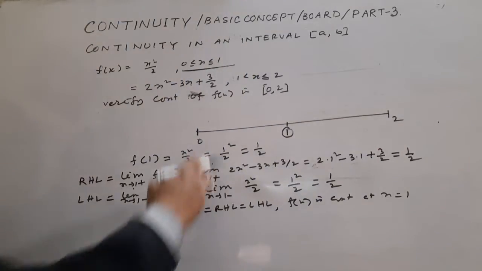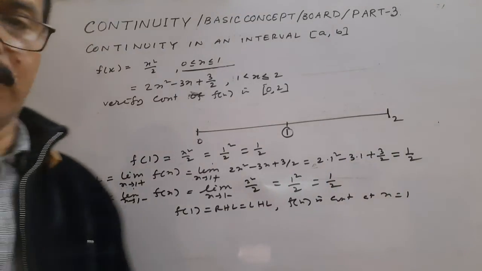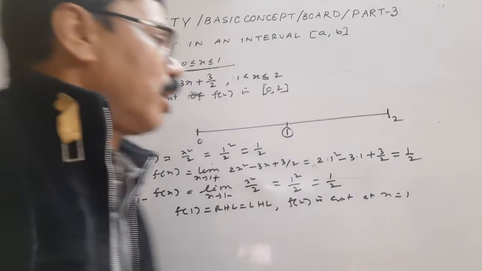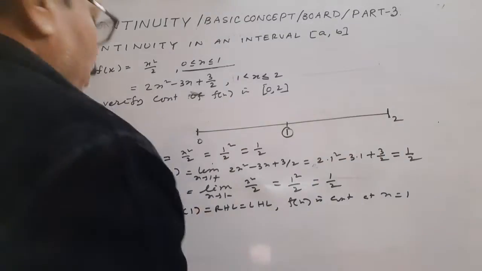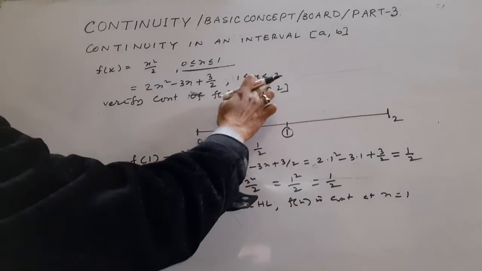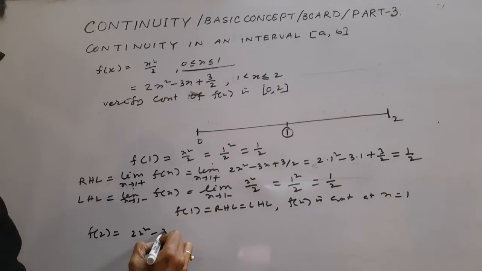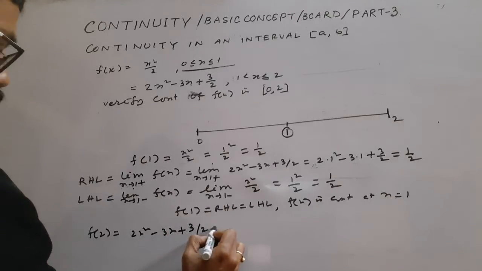Now, no more restriction here, only restriction at the end point. So, end point 2. So, what is f(2)? f(2) is 2x square minus 3x plus 3 by 2.